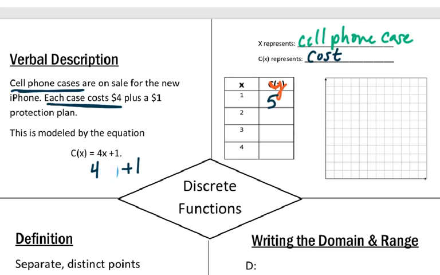So now let's plug in a number 2. So I keep my function. My x is the cell phone cases. So when I buy 2 cases, $4 times 2 is 8 plus 1 is 9. Next. Now I want to know how much it costs to buy 3 cell phone cases. $4 for each case times 3 cases plus $1 is 13.